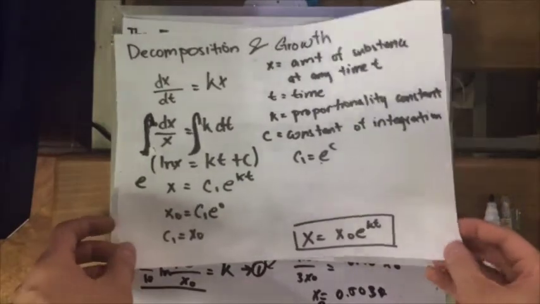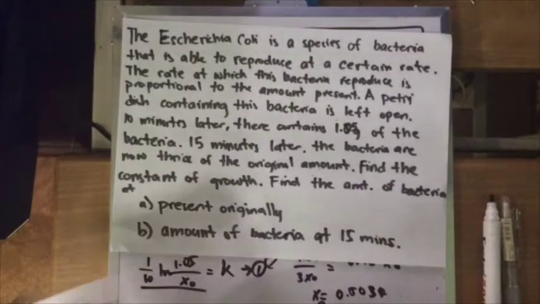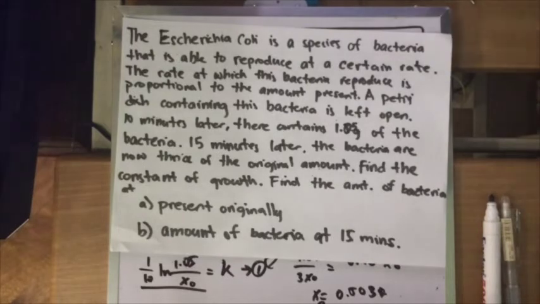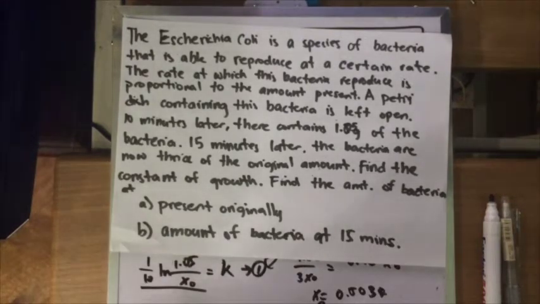And for a sample problem, we would use bacterial growth. The Escherichia coli is a species of bacteria that is able to reproduce at a certain rate. The rate at which this bacteria reproduces is proportional to the amount present.